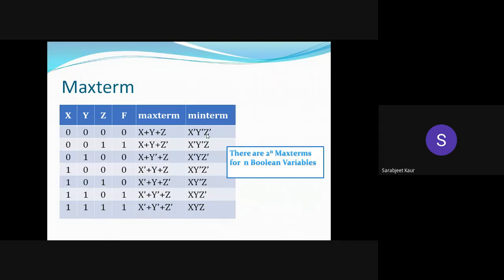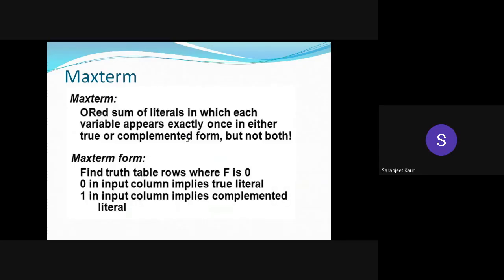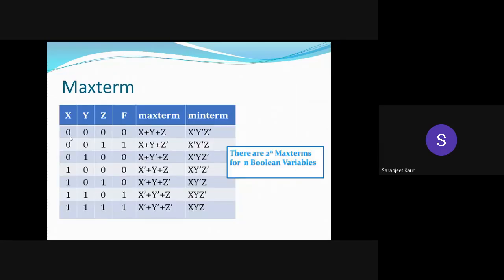Now, what would be the corresponding max term? Please see, we have said in the definition itself that instead of the AND, what will appear? OR. Right? And you just saw how to find out a max term from the truth table. So in the min term, x equal to 0 implied x dash, whereas in a max term, x equal to 0 will imply x.